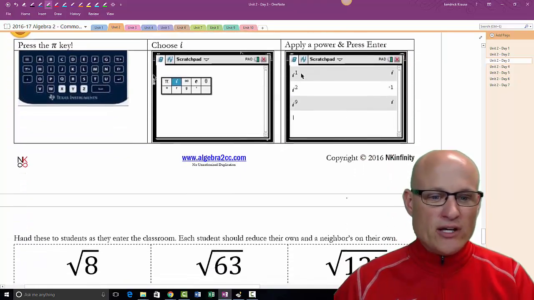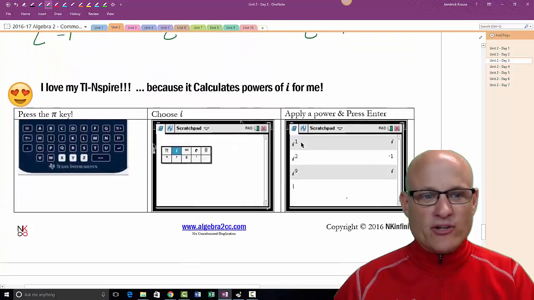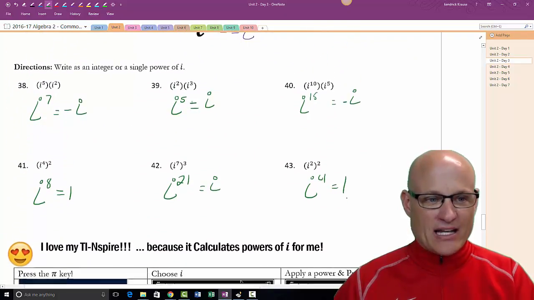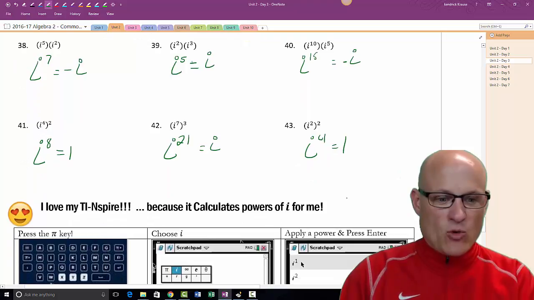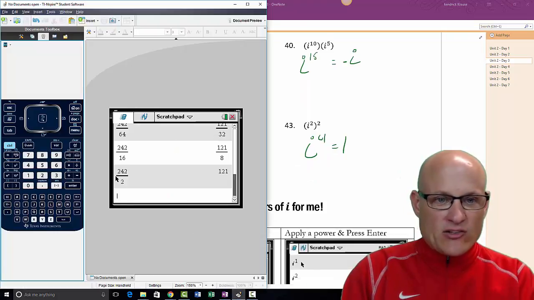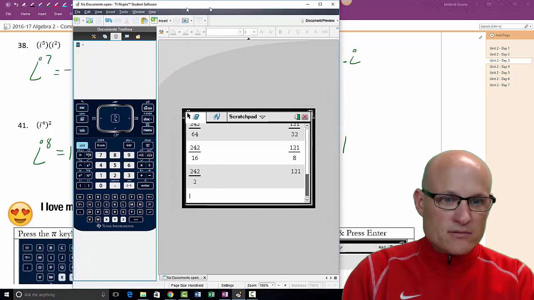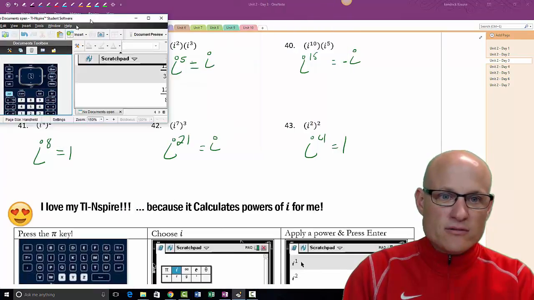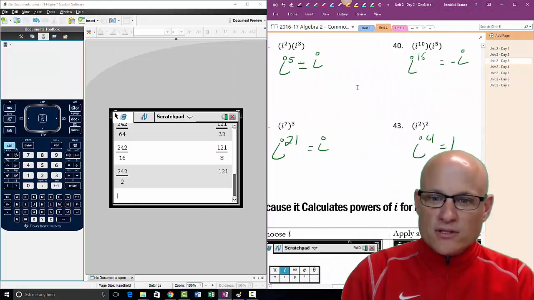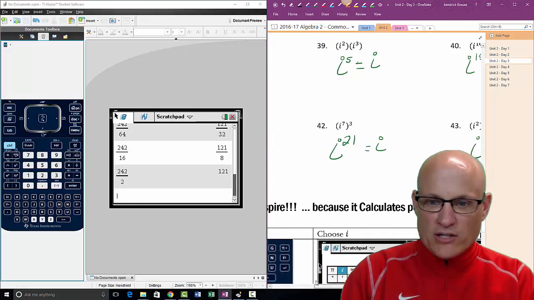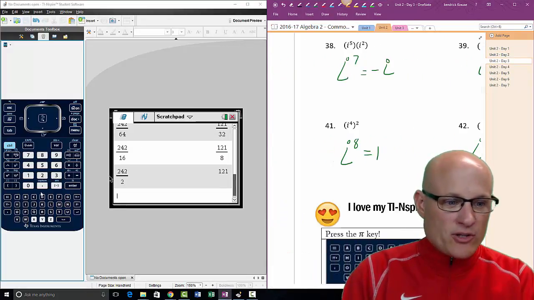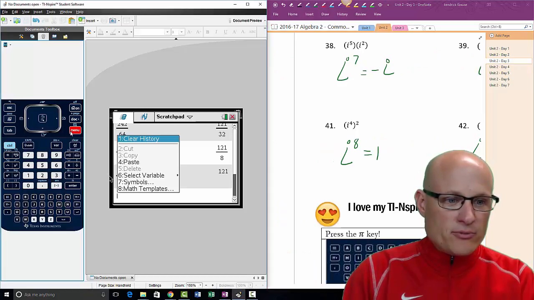Now the good news is your calculator pretty much does it all for you. That's one of the reasons I kind of like this TI Inspire. I could, if I wanted to, bring my TI Inspire over. Let me see if I can get this shrunken up a little bit. So what we're going to do is just check these out. Let me get rid of this menu.